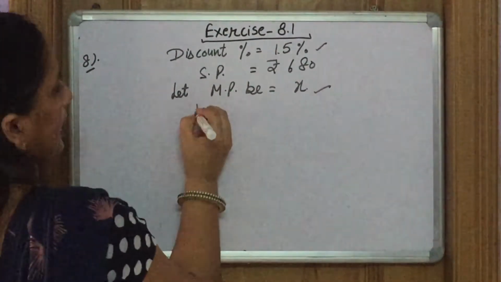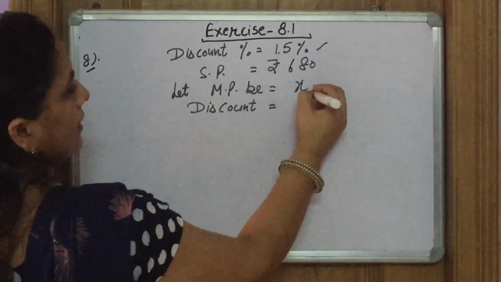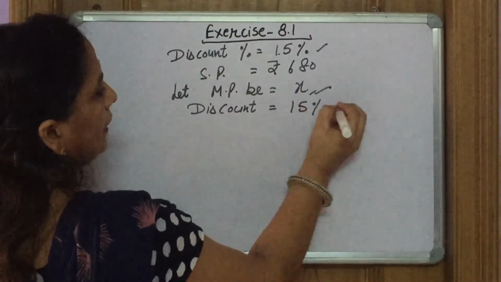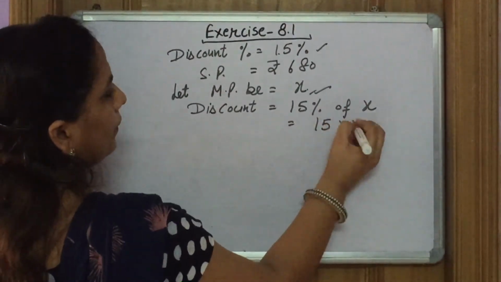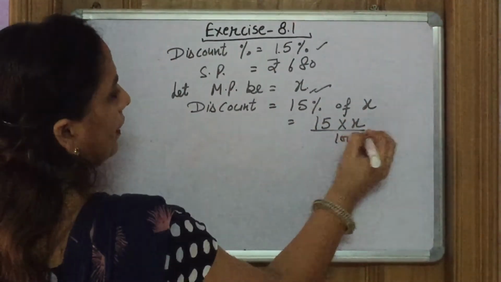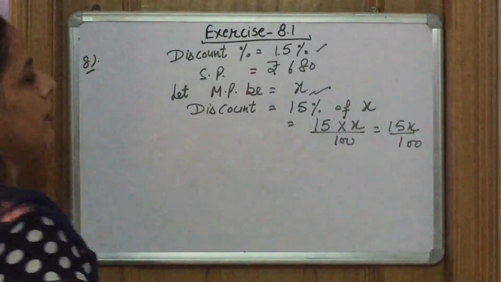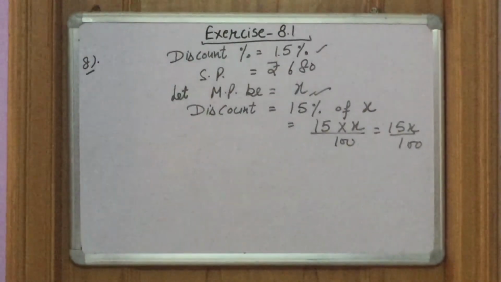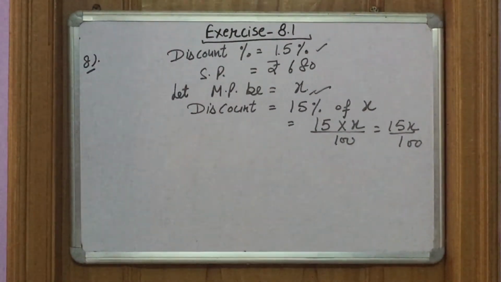And discount is on mark price. So we can say that discount percentage is 15% of X. It will be equal to divided by 100. That means 15X divided by 100. So this is our discount. In this question, we have to find out mark price.